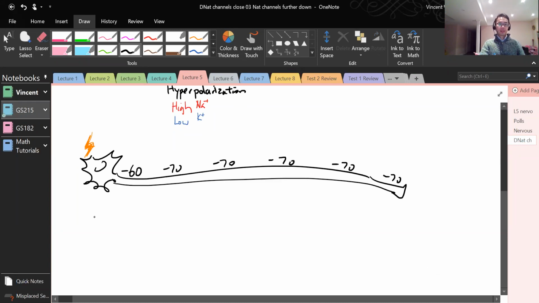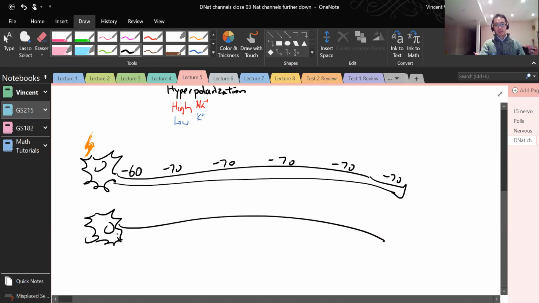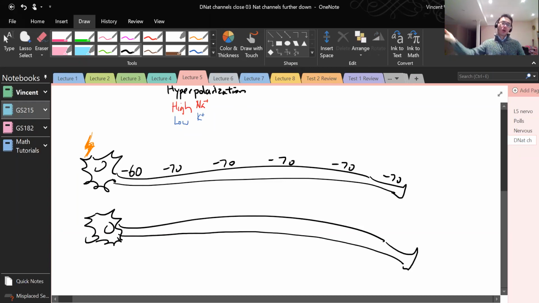Okay, then what happens next? This is a play-by-play action. So -60 is going to open the sodium channels. All the sodium is going to come in, influx, and that's going to push it all the way to 30.